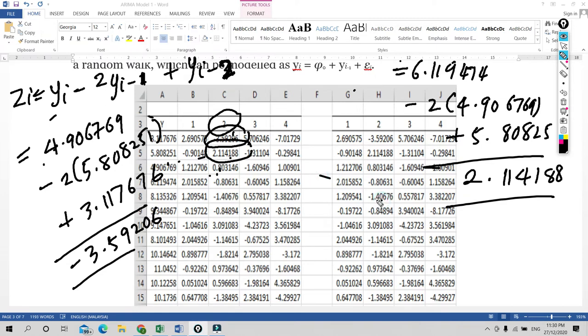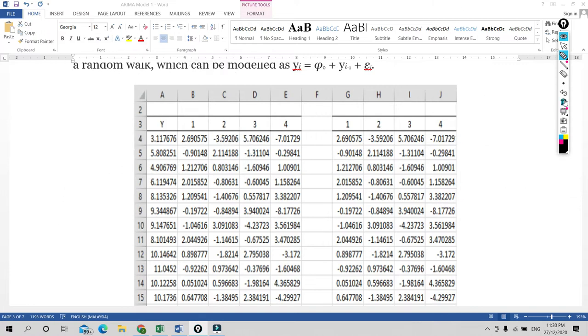Okay, now the third one. How do you get the third one? The third one is this one, 0.803147, equal to this value minus 2 multiplied by this value, plus this value.